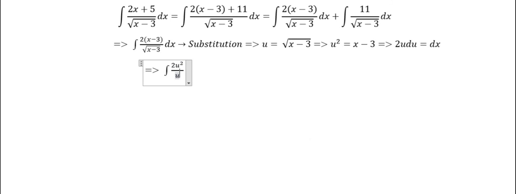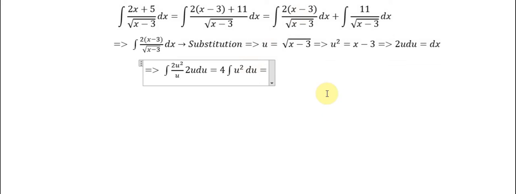In here the square root that we change to u, and the next one ds is about 2u du, and we simplify in here. 2 multiplied with 2 is about 4. U power 2 divided by u, you got about u. U multiplied with u is about u power 2, and we got like this.